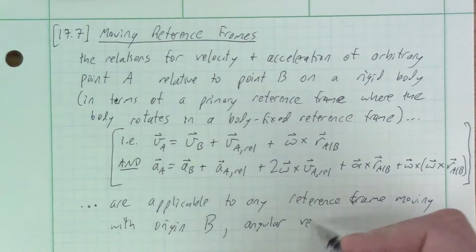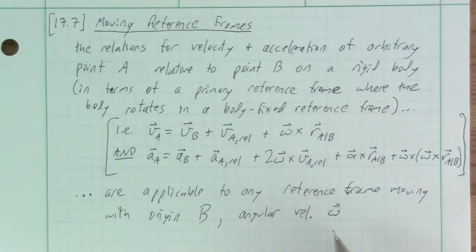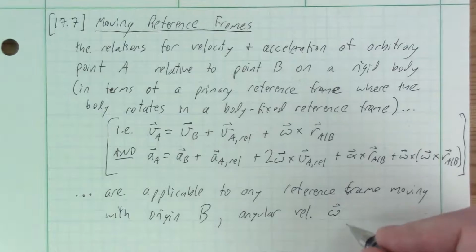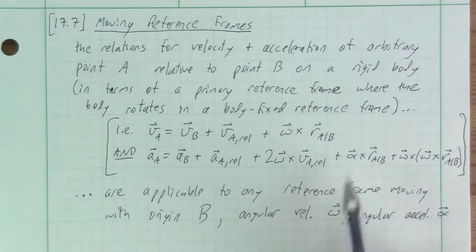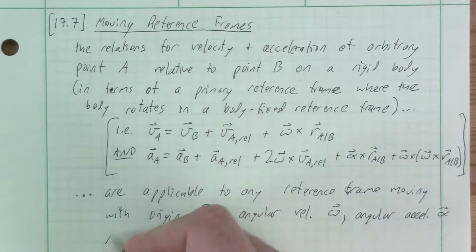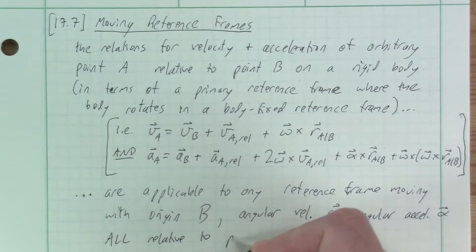Angular velocity, omega, right? So that would be the angular velocity of the reference frame. Angular acceleration, alpha, right? Because that shows up right there. So if that reference frame has angular acceleration alpha, all relative to a primary reference frame.